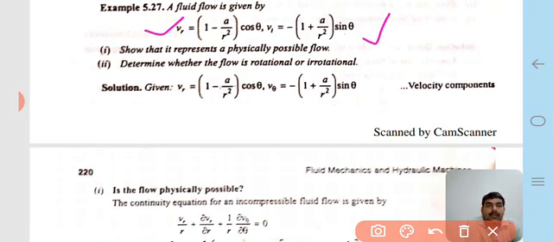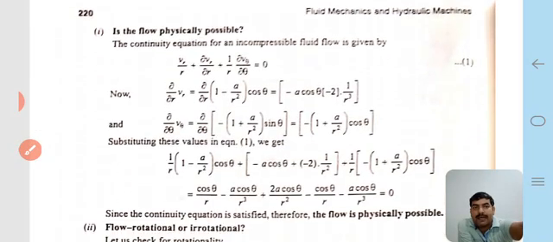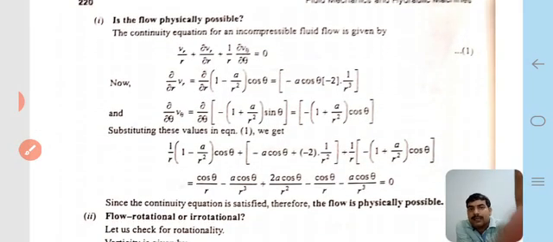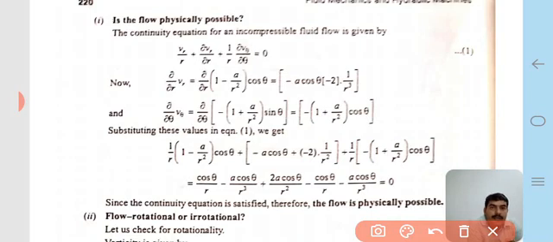Okay, now we come to the solution. Both the radial velocity and tangential velocity components are given here. In the first part of the question, is the flow physically possible?